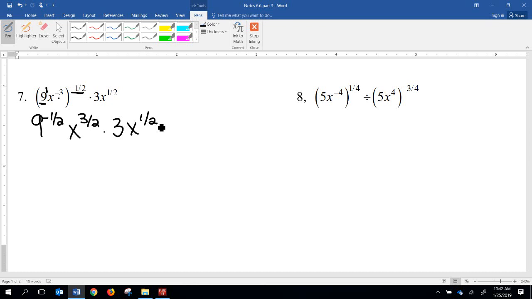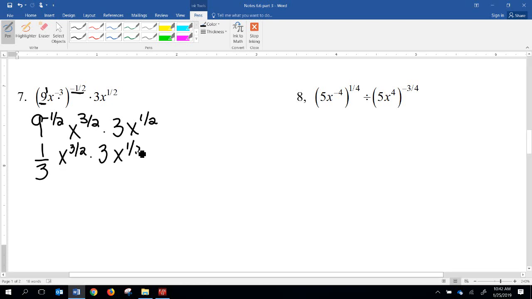All right, 9 to the negative 1/2, what is it? 1/3. The reason why, this means the square root of 9, and then the negative makes it go to the denominator. And then we have x to the 3 halves, and we have this. Okay, Emma, did you get it?